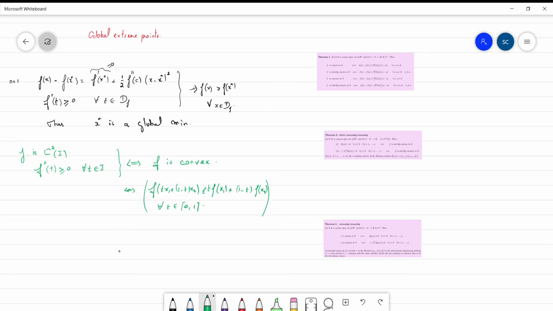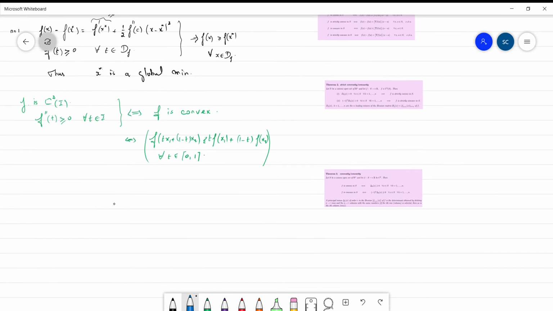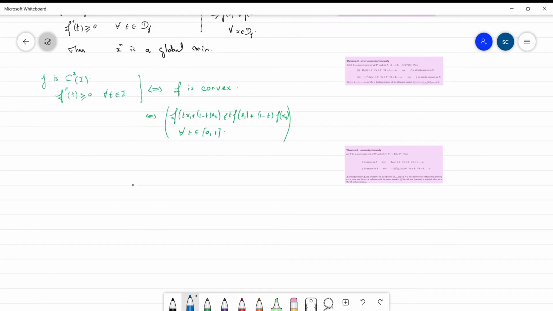So what was exactly the meaning, the interpretation of convexity? Geometrically, if we were on some interval with x1 and x2, t x1 plus (1 minus t) x2, when t belongs to [0,1], describes this interval.